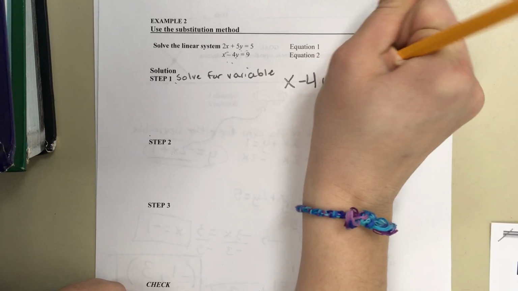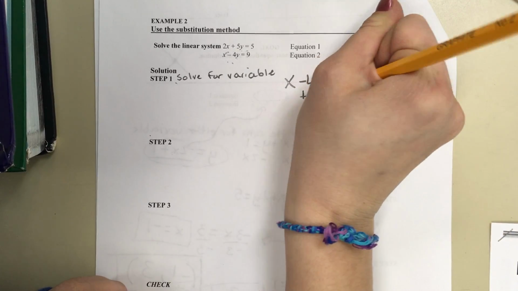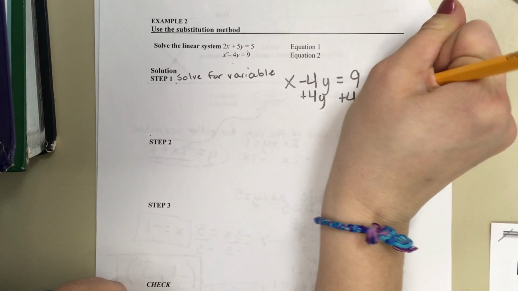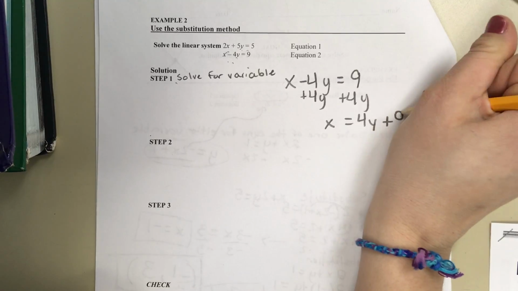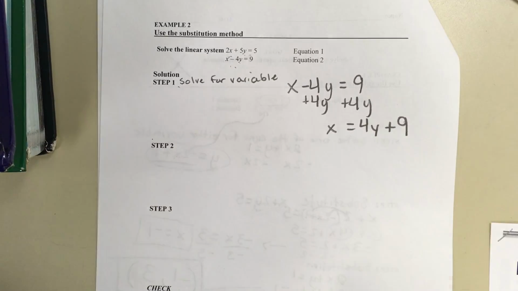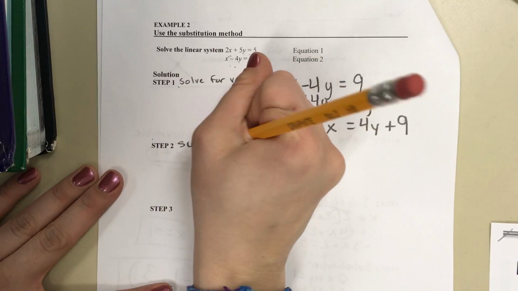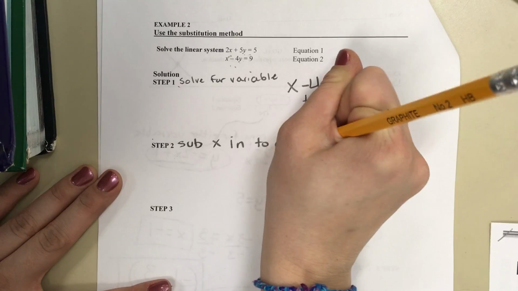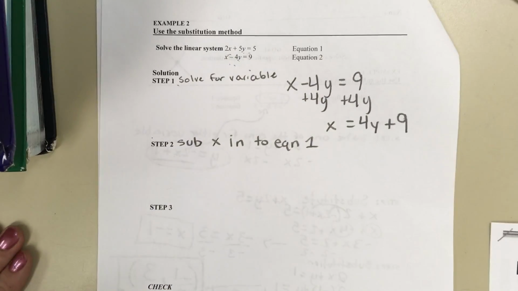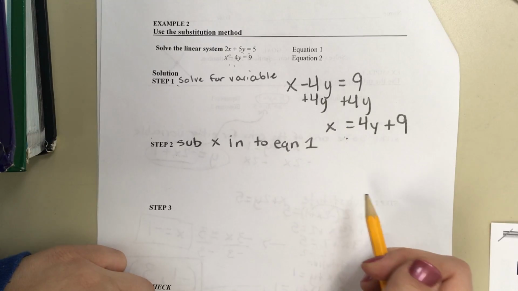So x minus 4y equals 9. Add 4y to both sides. And I get x equals 4y plus 9. Step 2. Sub x into equation 1, or into that other equation that you did not solve for initially.